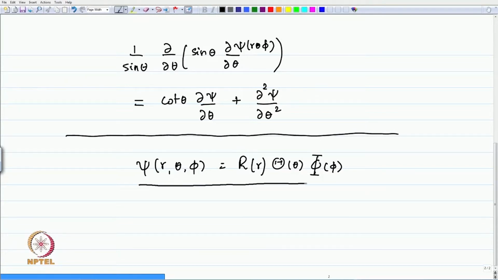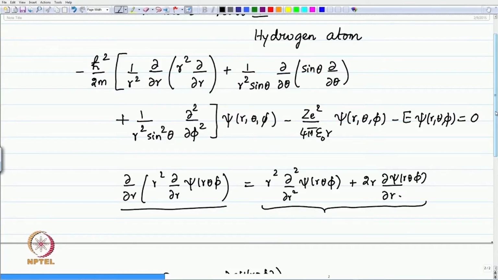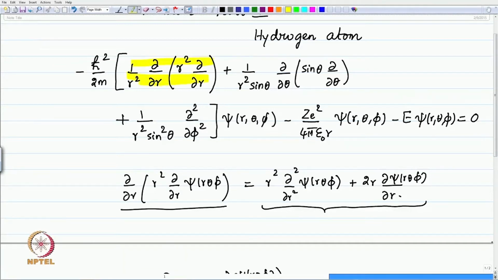This separation is possible because of the particular form of the hydrogen atom equation, namely that the potential energy is only dependent on the radial coordinate, and therefore if you look at this particular equation here, the radial terms that you have here, this and this and this will be separated out.